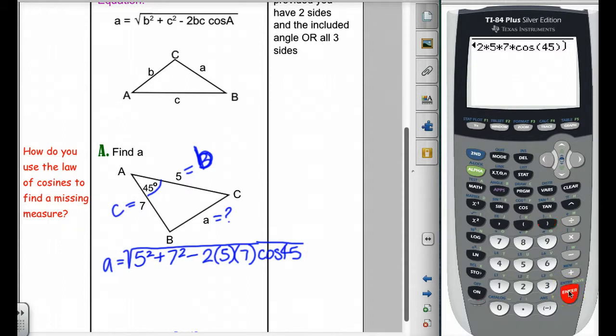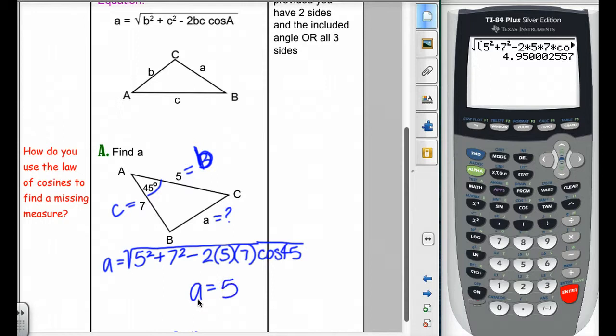And then I hit enter, and I get 4.95 and so on, which means that A is equal to 4.95. We need to round to the nearest tenth, so A is equal to 5. So in this case, we've got A equal to 5.